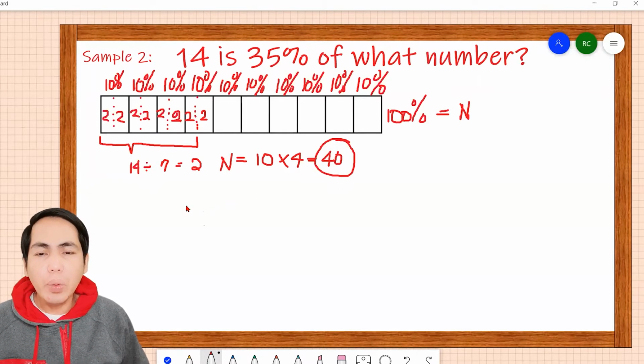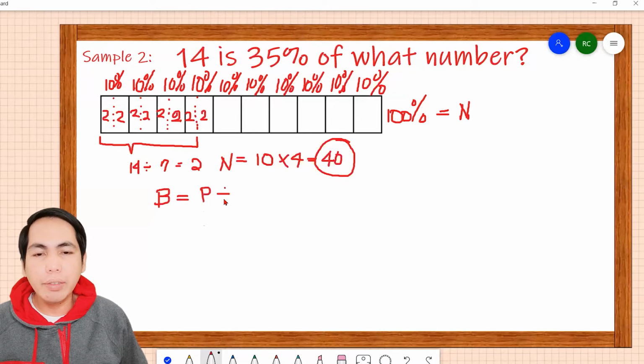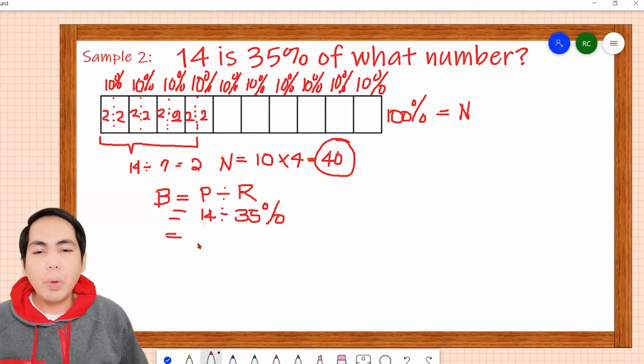Now, if we are going to use our general formula that the base is equal to the percentage divided by the rate. Percentage is 14 divided by 35%, which is the rate. Now, 14 divided by 35 over 100. 35 over 100 in lowest term, that is 7 over 20.